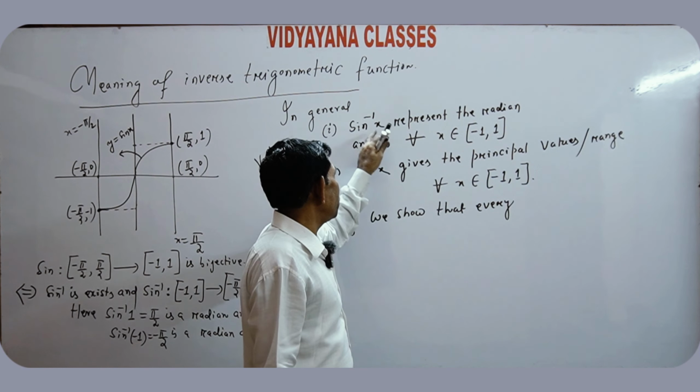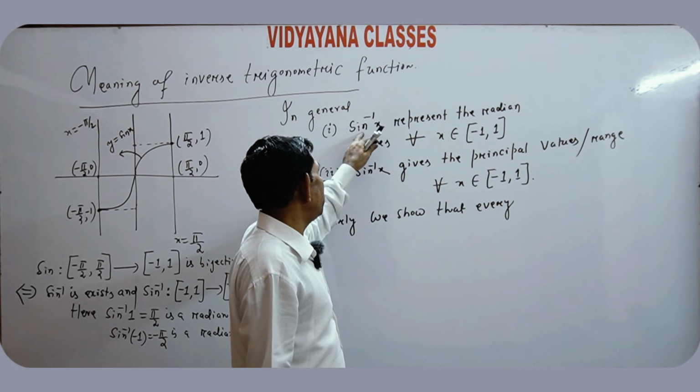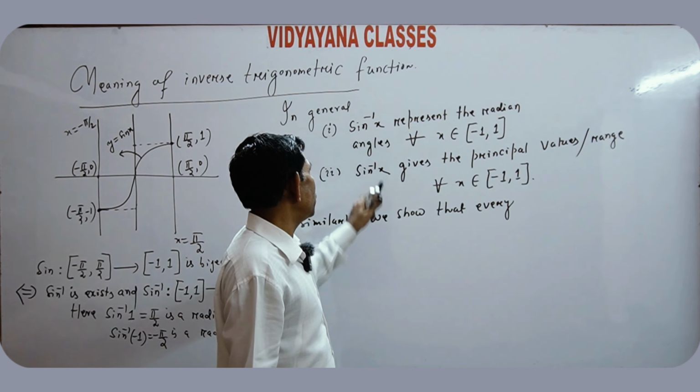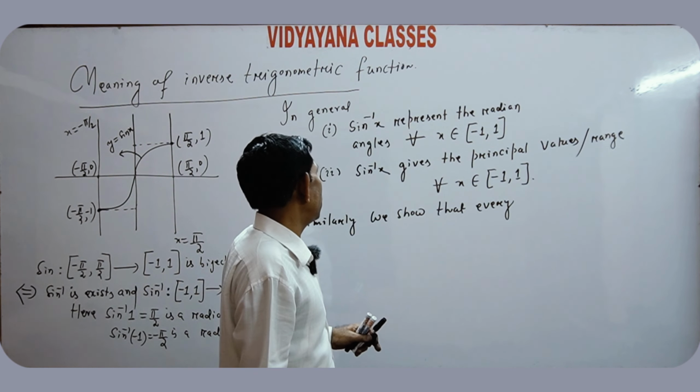Similarly, we can say cos inverse x represents a radian angle, tan inverse x represents a radian angle, cosec inverse x represents a radian angle.